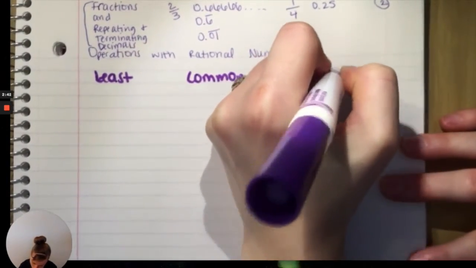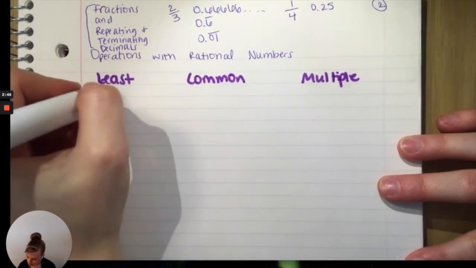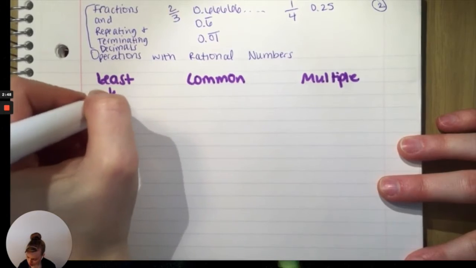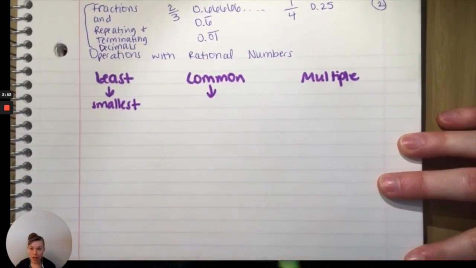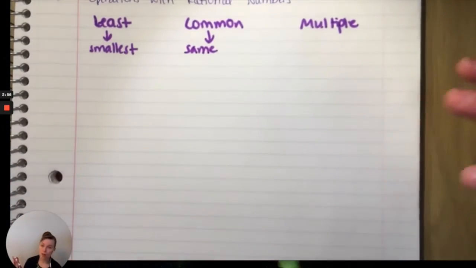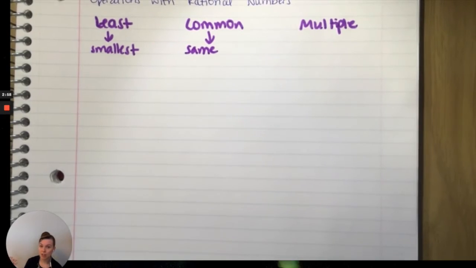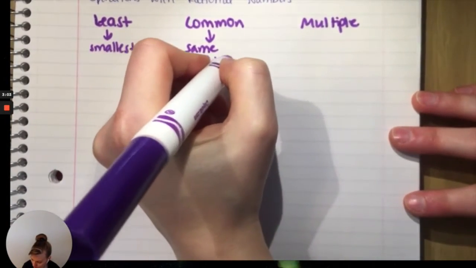All right, so we are going to start with the least common multiple. Least is going to mean the smallest. Common is something that is the same. In this case, we're going to talk about 2 different numbers and what they have in common, so they both have this in common.